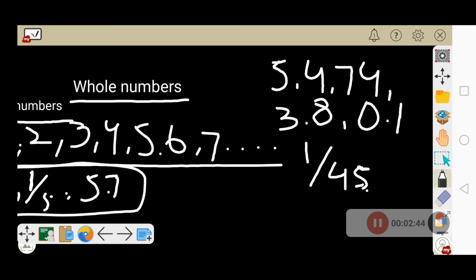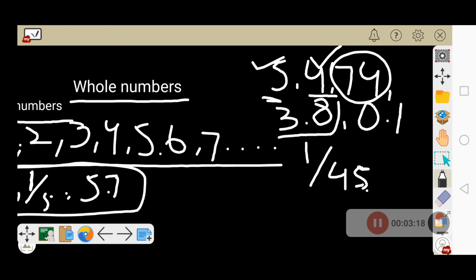As I told you guys, whole numbers are just simple numbers. They don't possess any fractional, decimal, or negative sign. So 5 is a whole number because it doesn't have any decimal, fractional, or negative sign with it. And 4 is also a whole number. 74 is also a whole number because neither is there a negative sign, nor a fractional sign, nor any decimal sign.